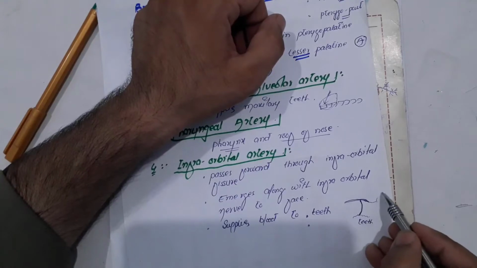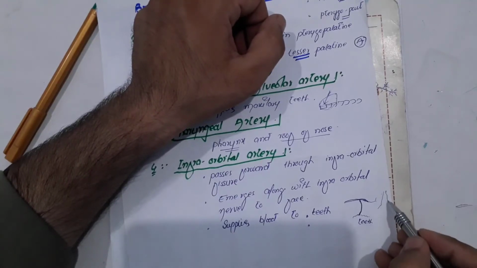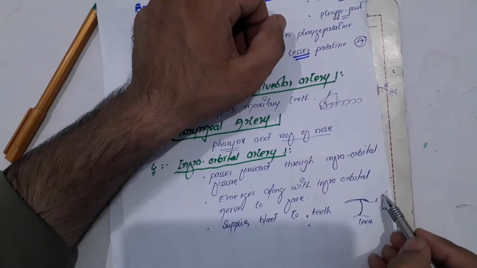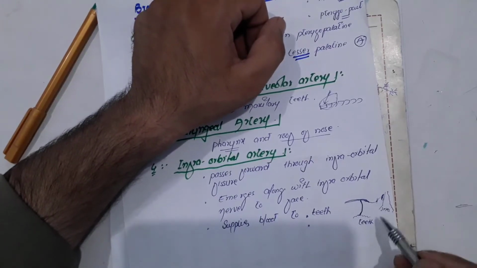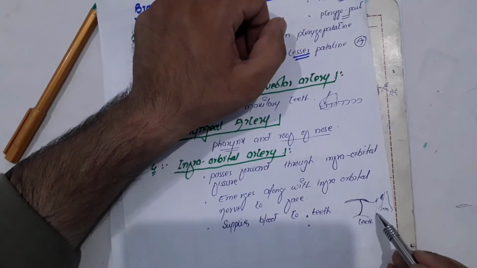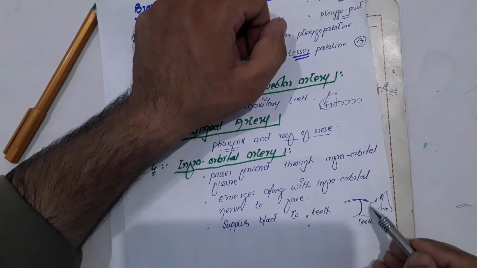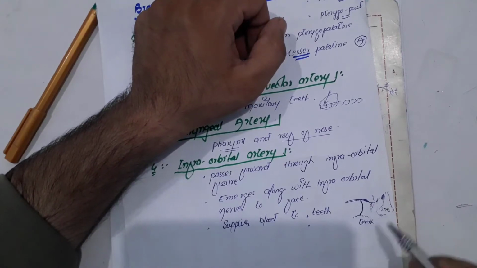The second thing that this artery supplies is, whenever this artery goes forward, here is our nose, for example, right? So this artery supplies the lateral parts of the nose, okay? Then it also gives a very small branch to the upper lip, and some branches to the cheeks also.